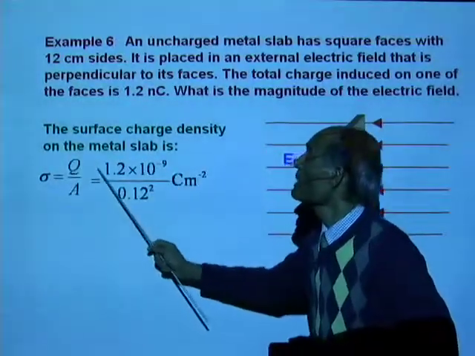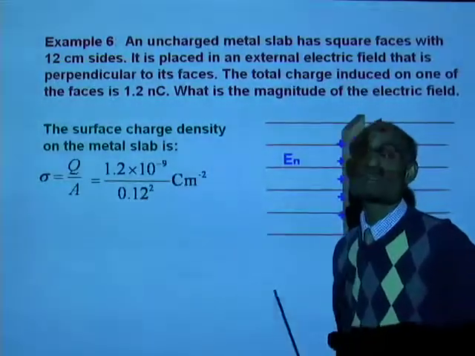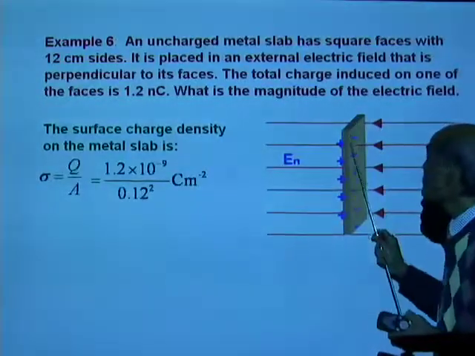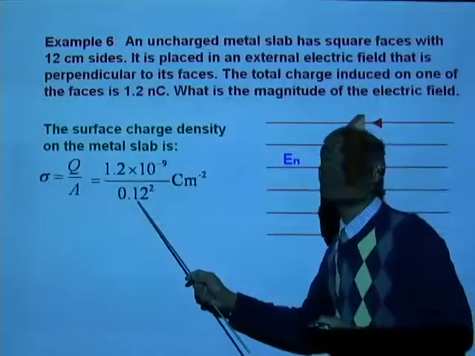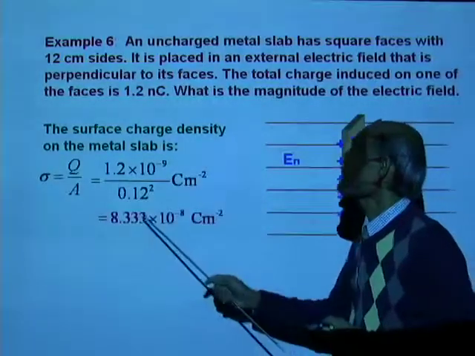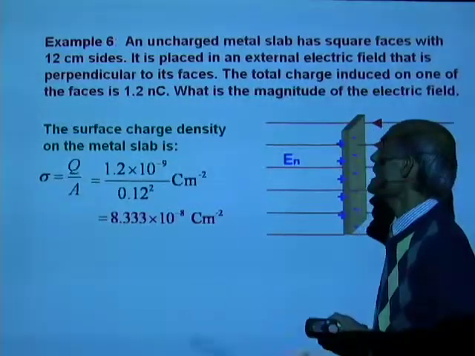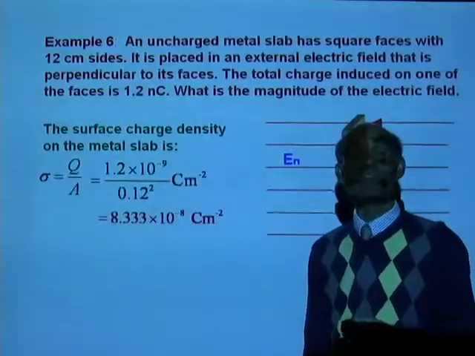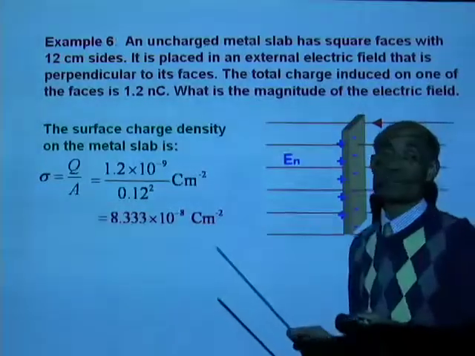So Q is 1.2 times 10 to the negative 9 coulomb. And the area is 12 centimeter times 12 centimeter, 0.12 meters squared. That will be 8.33 times 10 to the negative 8 coulomb per meter squared. And that is the surface charge density.